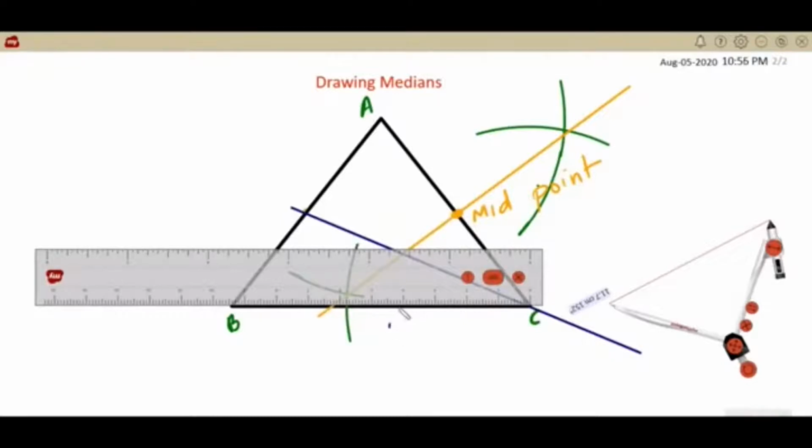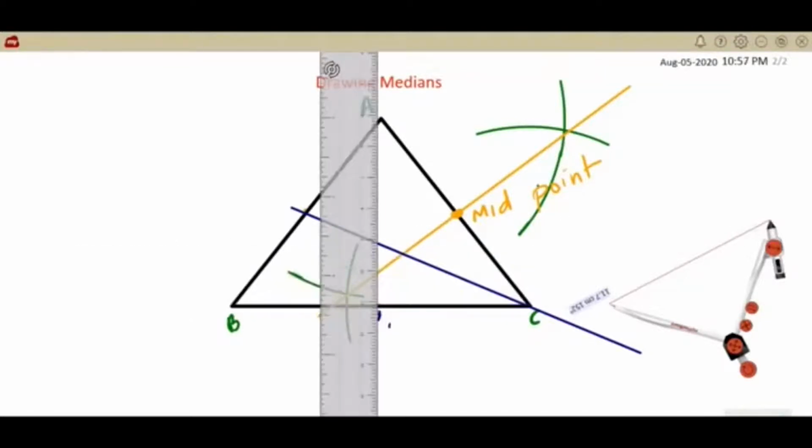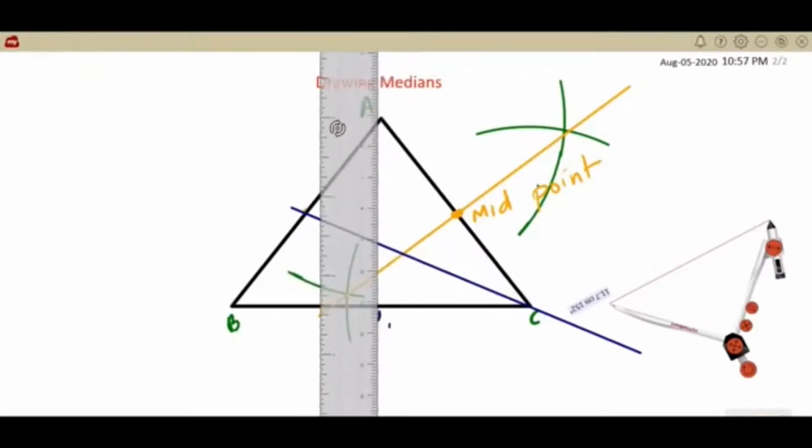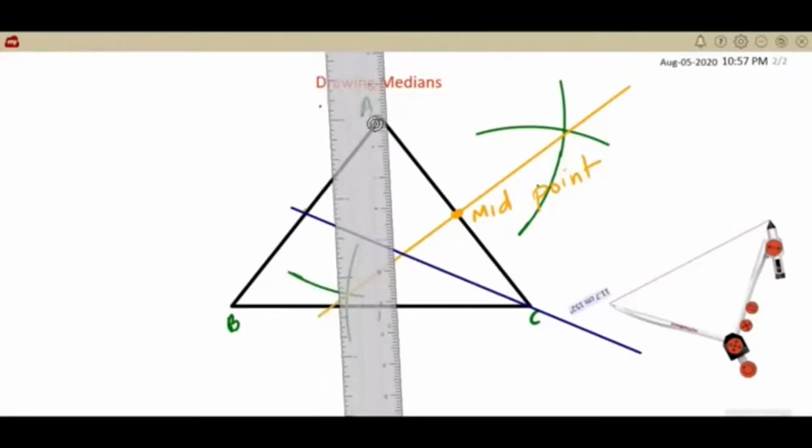It is almost 9.5, that means 4.75 I have to mark, using the ruler scale, and we will connect A to that point. The opposite vertex is A, and draw a line connecting A to this point. So we will connect that.